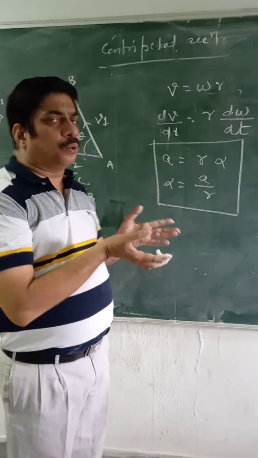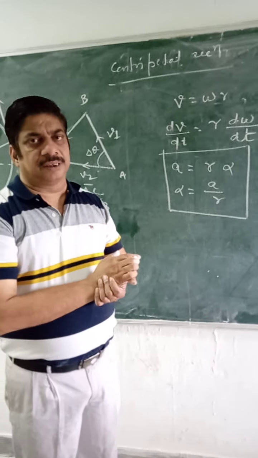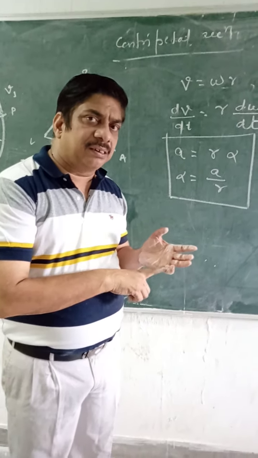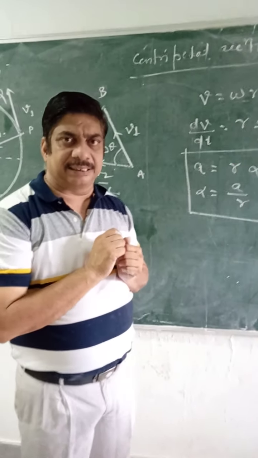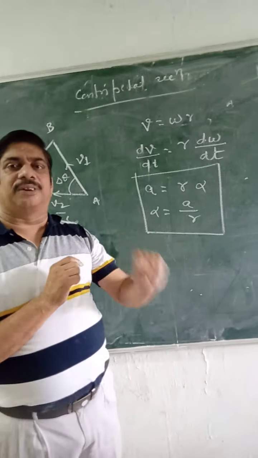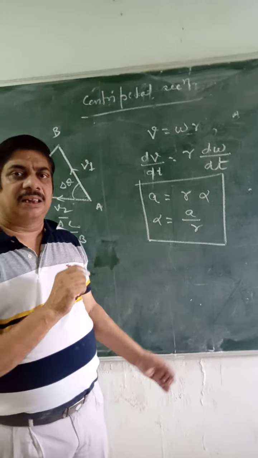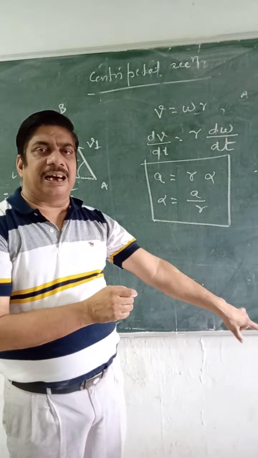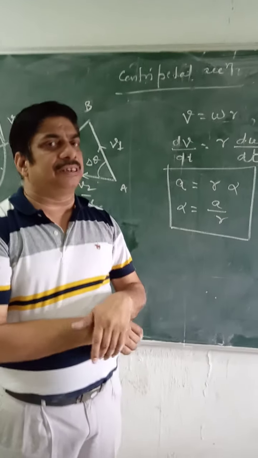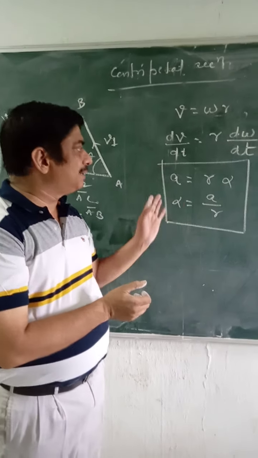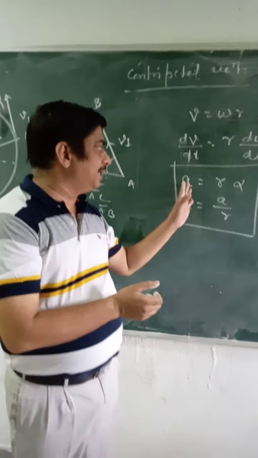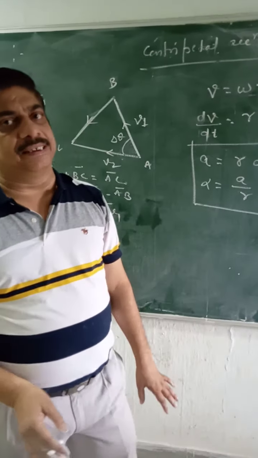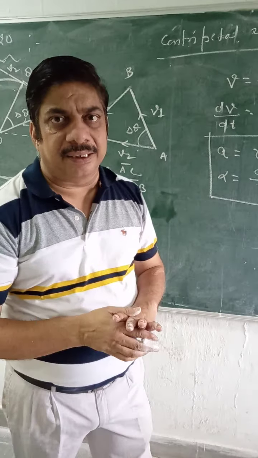So in this whole circular motion, first is angular displacement delta theta, then angular velocity omega, then acceleration v square by r, and then the relation between linear acceleration and angular acceleration alpha, a is equal to r alpha. One very important point is frequency.